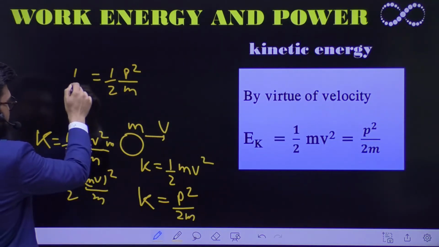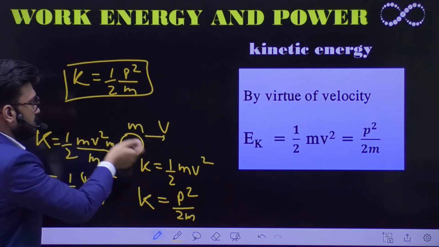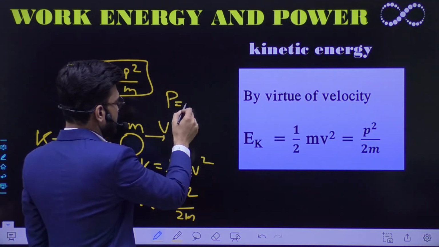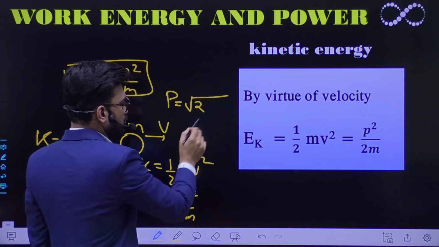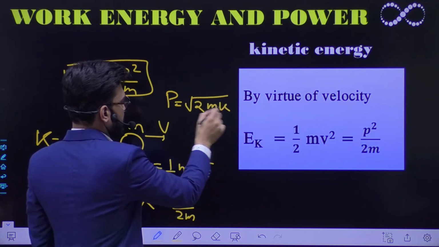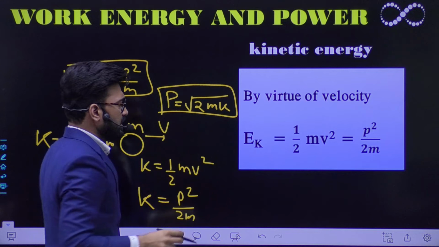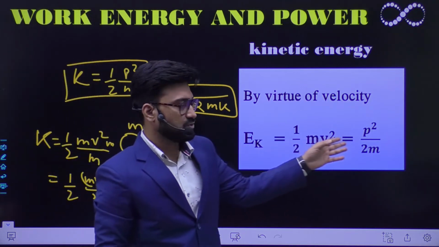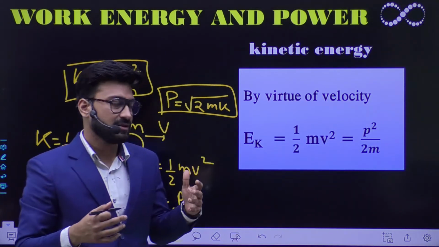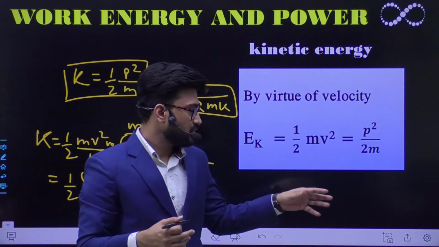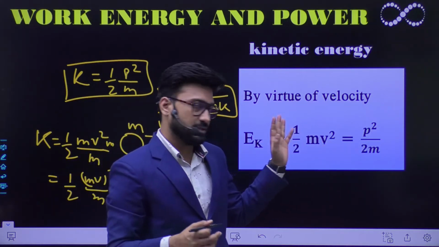Sometimes they may also ask the relationship for momentum, so the momentum can also be root of 2 m k, where K is the kinetic energy of the system. You can use either this equation or this equation, accordingly, if the question comes.